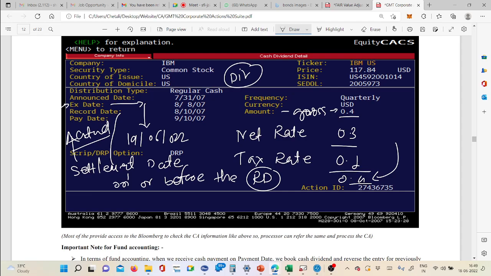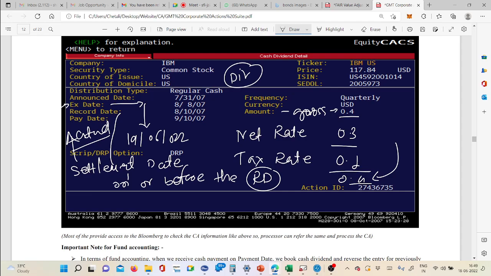So whenever you place the request for a trade, it should be settled on or before the record date. Only after that will your positions be entitled to get the benefit of the corporate action. If you don't follow this rule, you cannot expect the benefit of the corporate action.